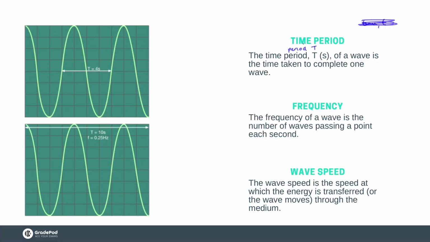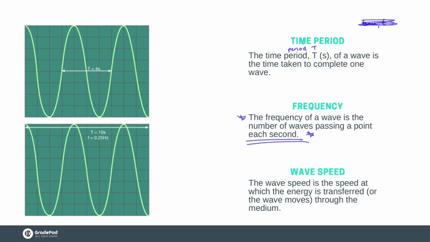The frequency of a wave sometimes gets confused with the time period. The frequency is how many waves pass a point each second, and we'll go into that a little bit later when we look at their reciprocal relationship. But for the moment, can we just write down the definition of frequency as the frequency of a wave is the number of waves passing a point each second. And finally, the wave speed.